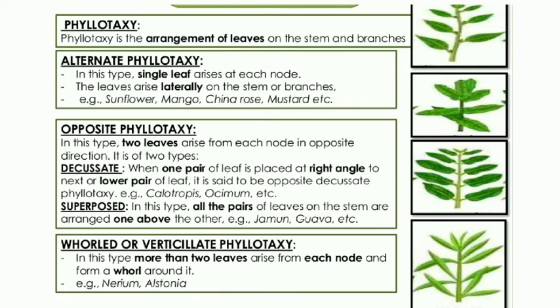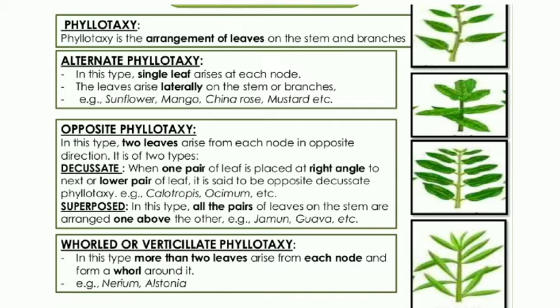In this type a single leaf arises at each node. We all know that leaves arise only at the nodal regions. So in alternate phyllotaxy, one node has one leaf, one leaf will be on the left side, the other leaf on the right side. These leaves arise laterally on the stem or branches.